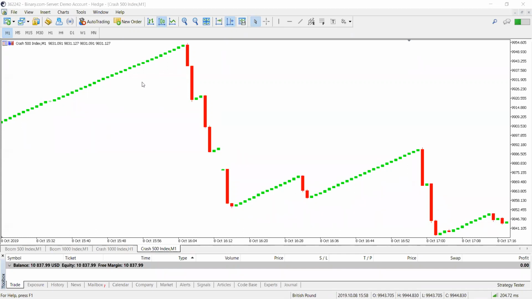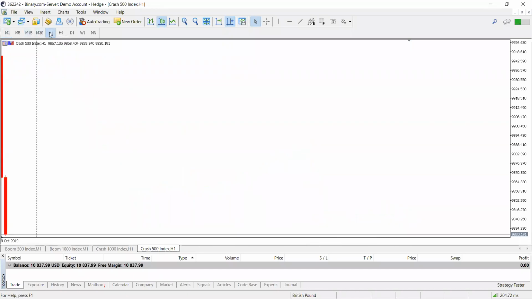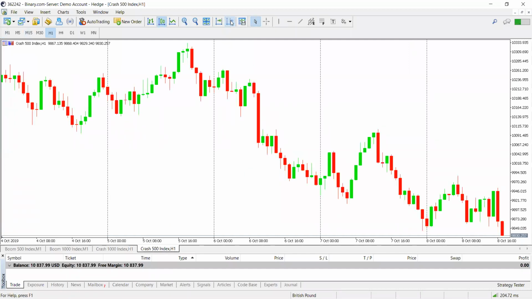We need to take it to the last price. There we are on the last price, and we are not trading, guys, we are just looking at the strategy. We switch on to the bigger time frames. To see the overall trend, we have to always look at the bigger time frames.